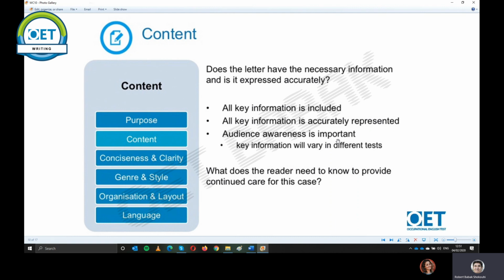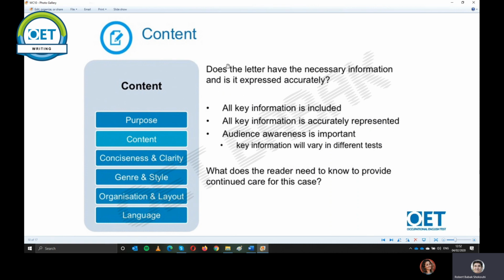Who needs to be aware of the audience? Well, this is telling us what a candidate needs to do.